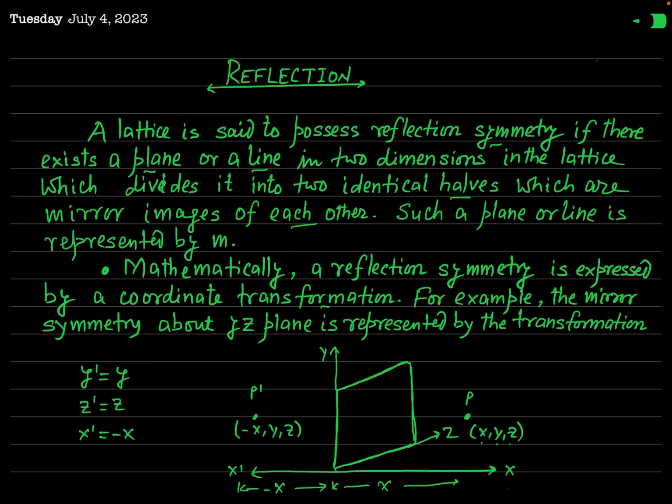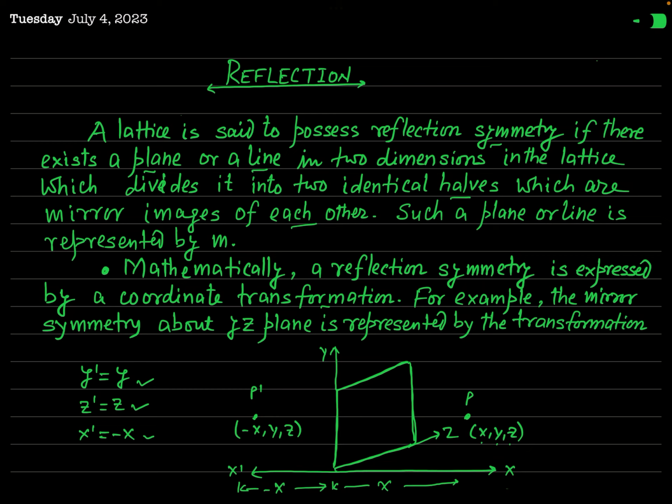So the mirror symmetry about the yz plane is represented by the coordinate transformation: y dashed equals y, z dashed equals z, but x dashed equals minus x. There is no change in the y and z coordinates, but the sign of the x coordinate is inverted.